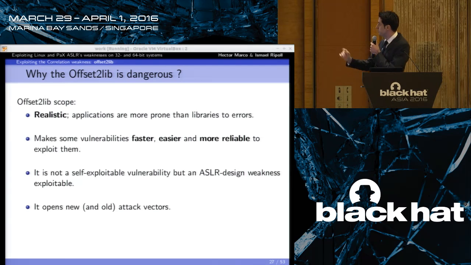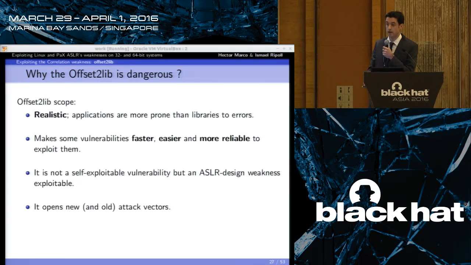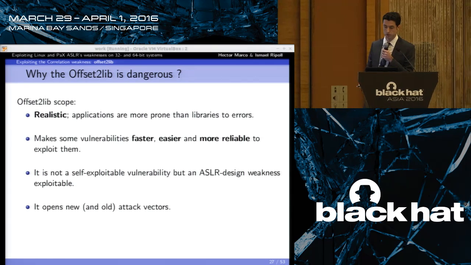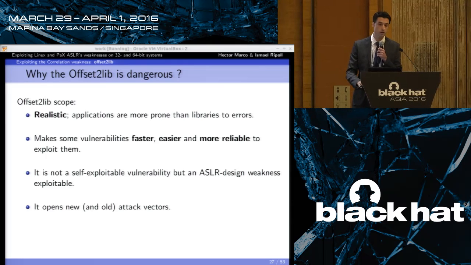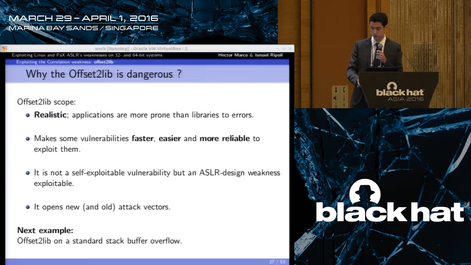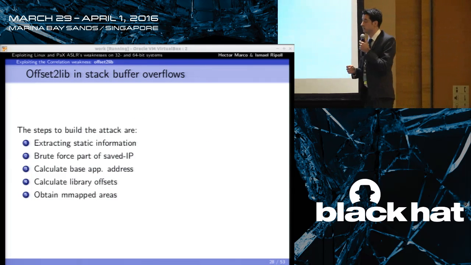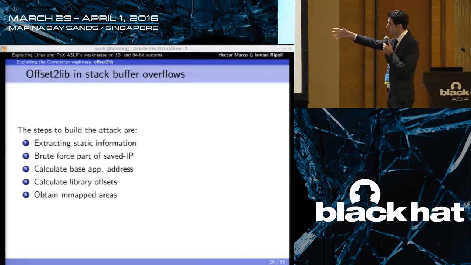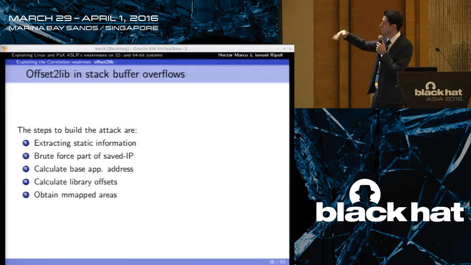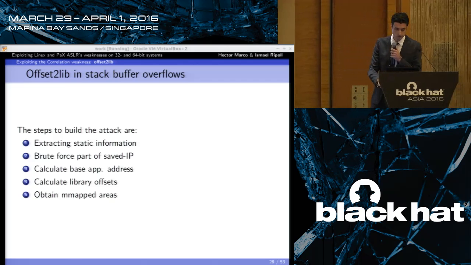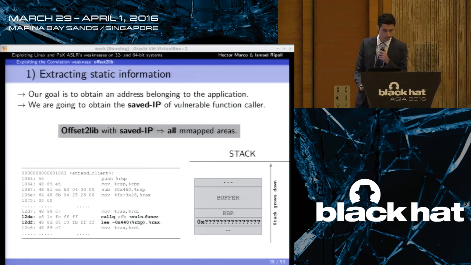But I'm going to show you the steps that an attacker needs to do to exploit the offset to lib weakness and bypass the three protections. So the first step is extracting the stack information. The second one is brute forcing part of the saved IP. I'm going to detail these steps in order to go faster.